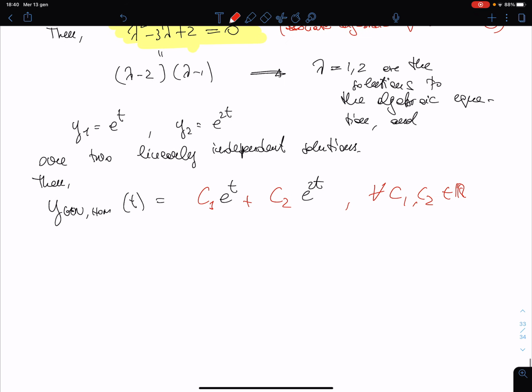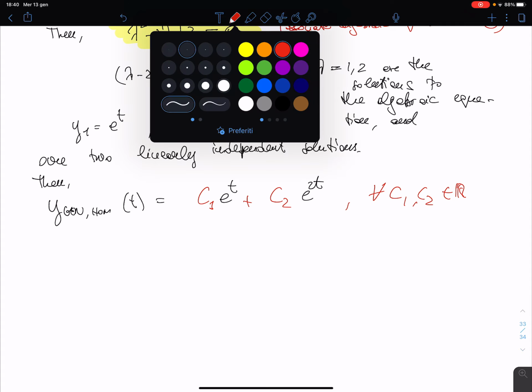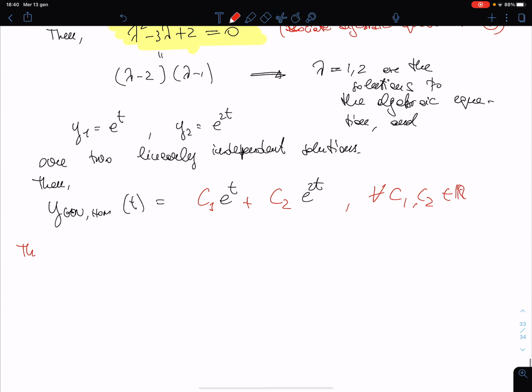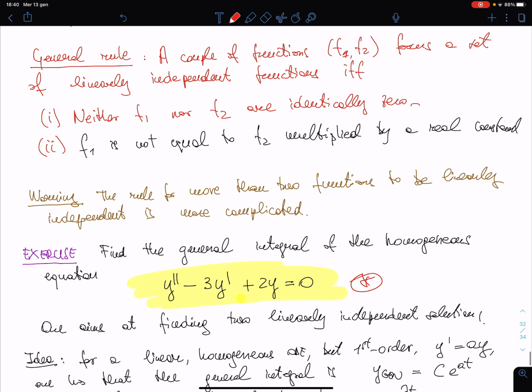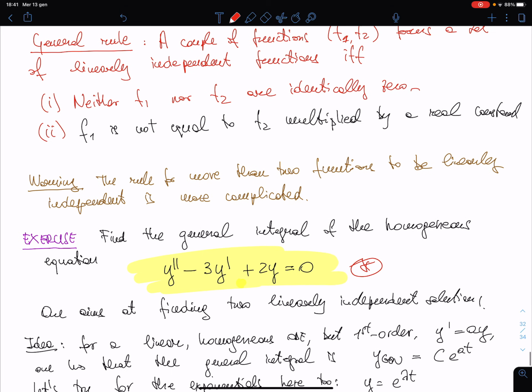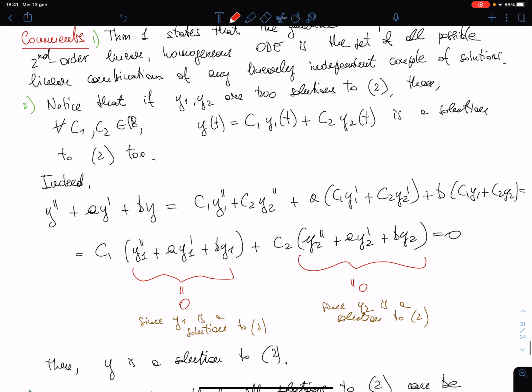Okay. Now another theorem. Now we go to the general integral. This is also called the structural theorem, and this is the structure of the general integral of equation 1, which is not homogeneous, with the f.